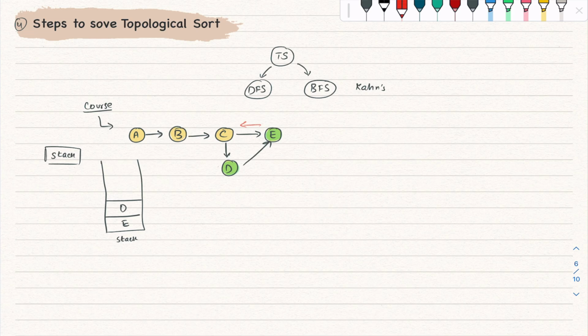Now we will move back again. Now we will ask this question, C, is there any out degree for you? Yeah, there were two, but they both have been visited. So we said, all right, there is no out degree for you. We can put you in the stack. So we'll mark it as visited and we will put that C in the stack. After that, we will move back from here. And now we will ask B, is there any out degree?